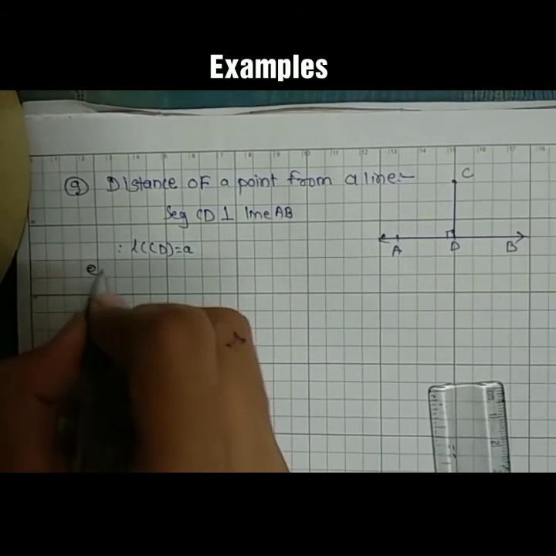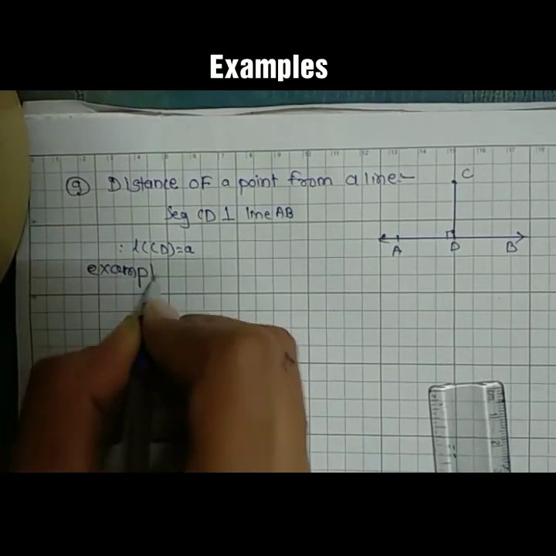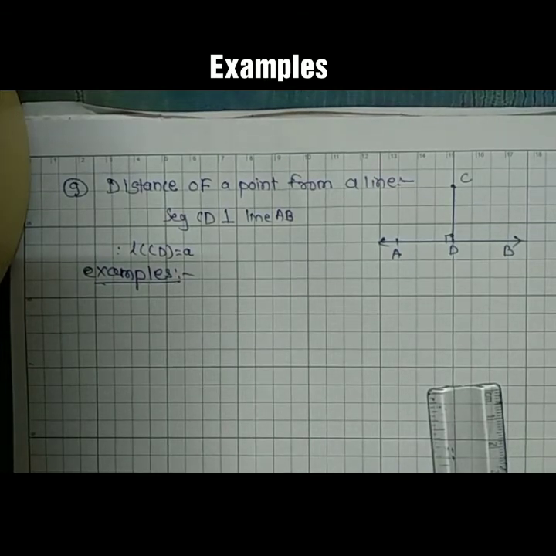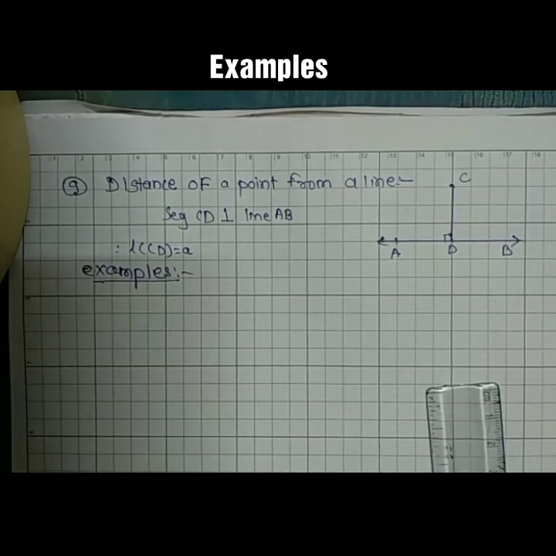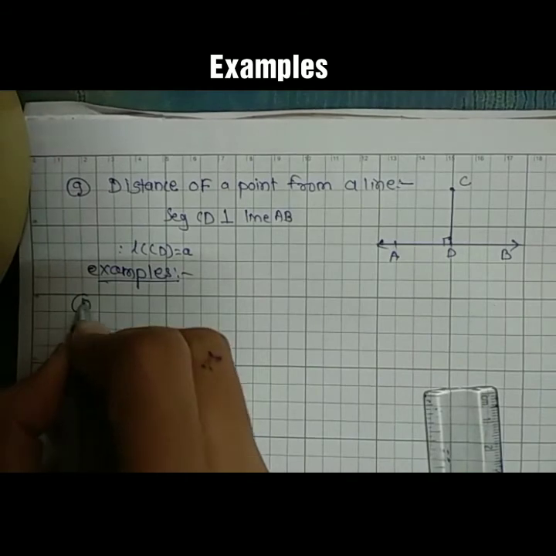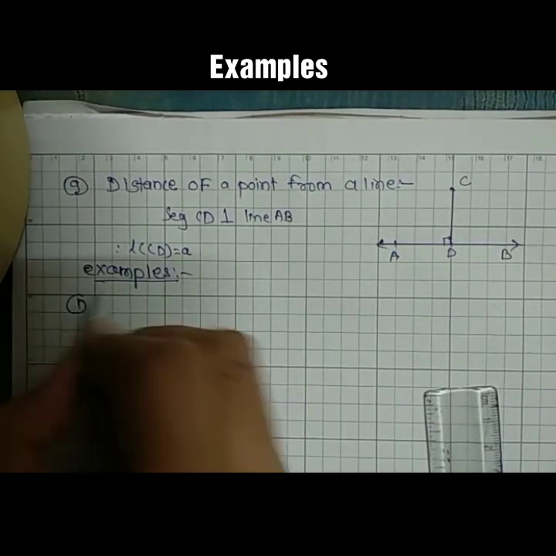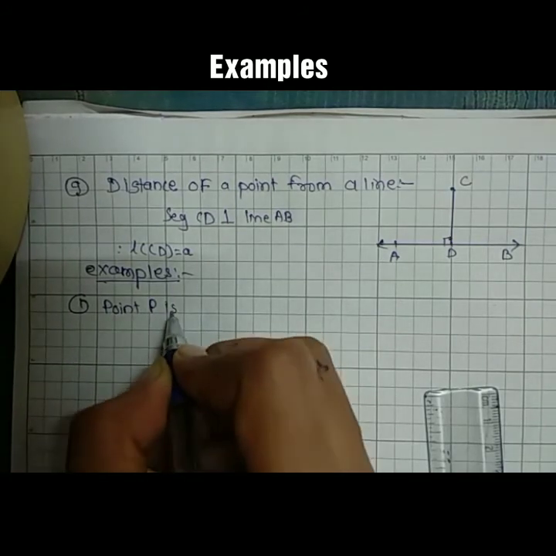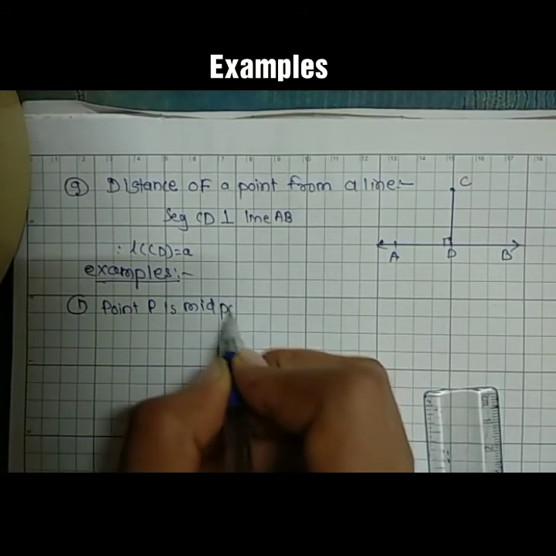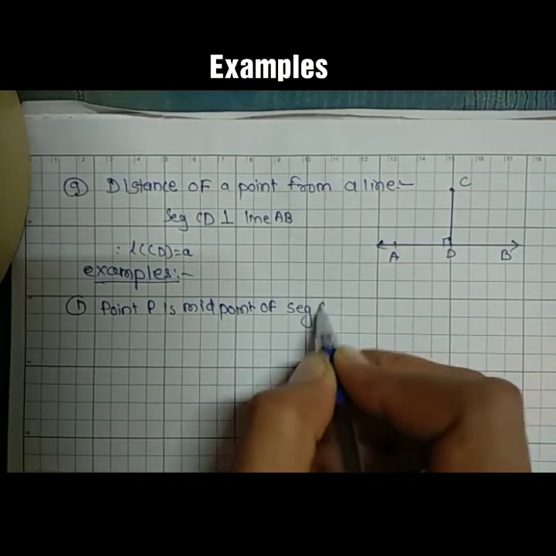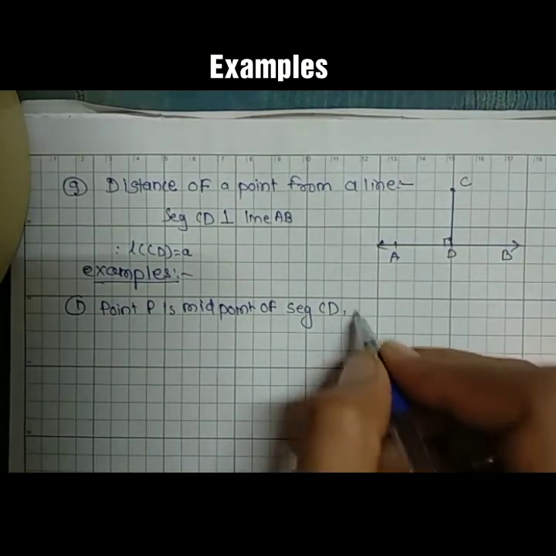Let's see the example on that unit. The first example is: point P is the midpoint of segment CD.